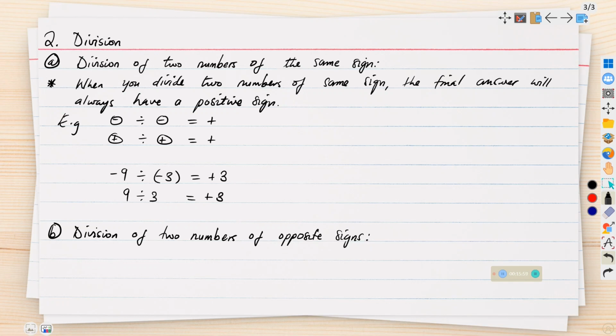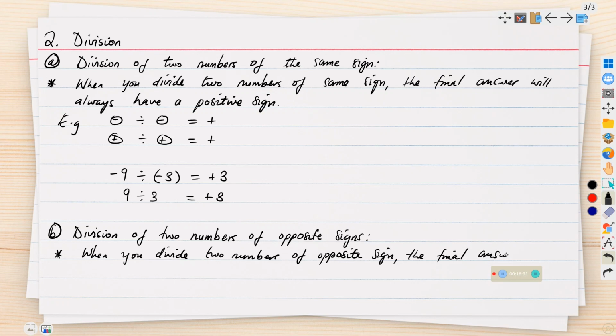Okay, so the rule is that when you divide two numbers of opposite sign, comma, the final answer will always have a negative sign.